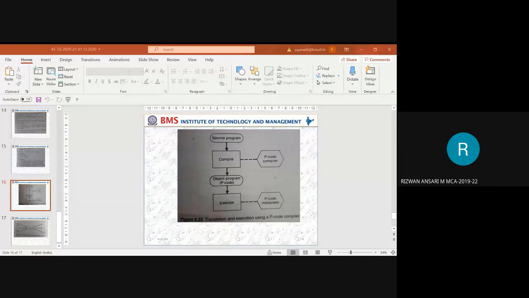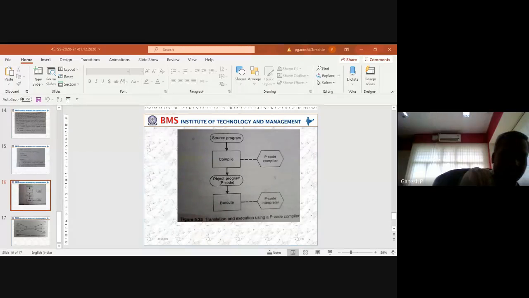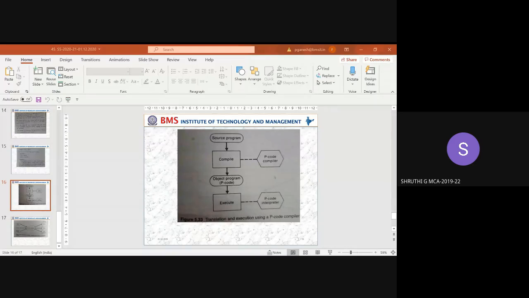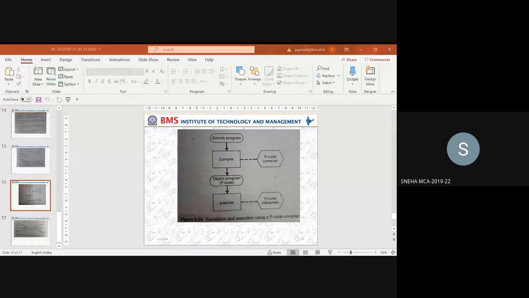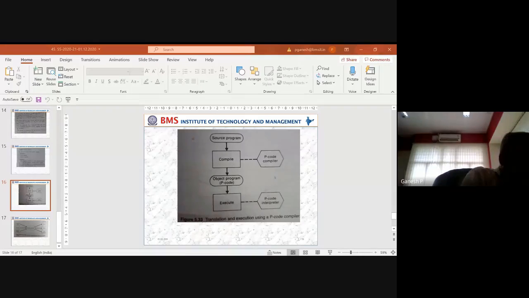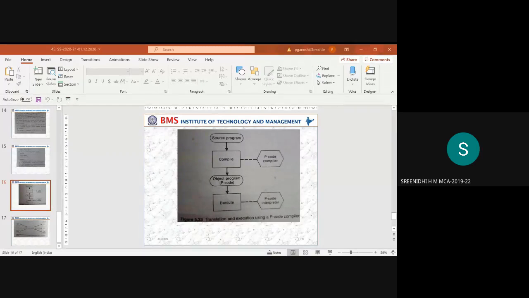Rizwan, Present, sir. Vishal, Present, sir. Savita, Yes, sir. Sneha, Yes, sir. Spurti, Present, sir. Srinidhi, Present, sir. Srinivas, Present, sir.